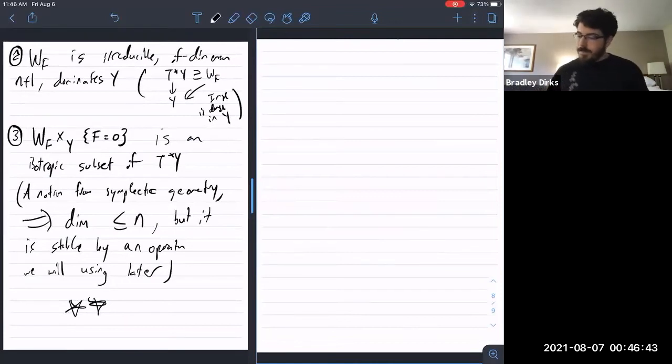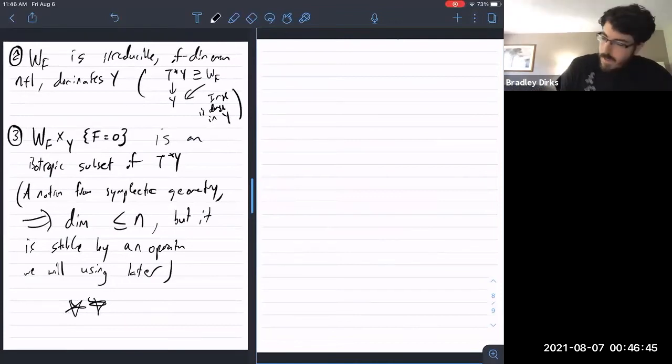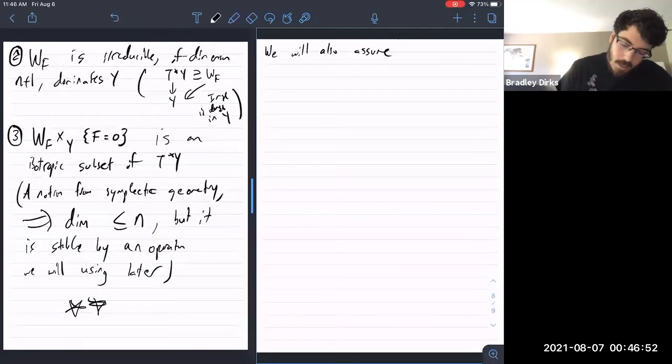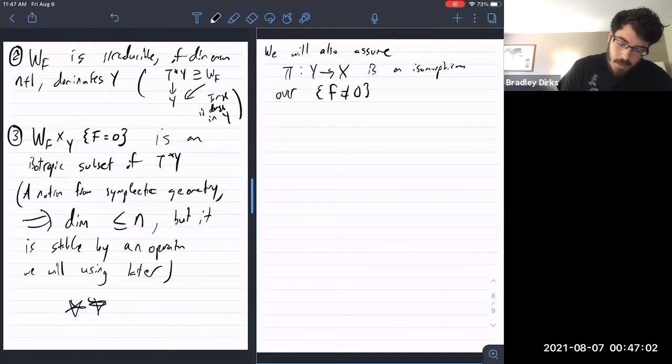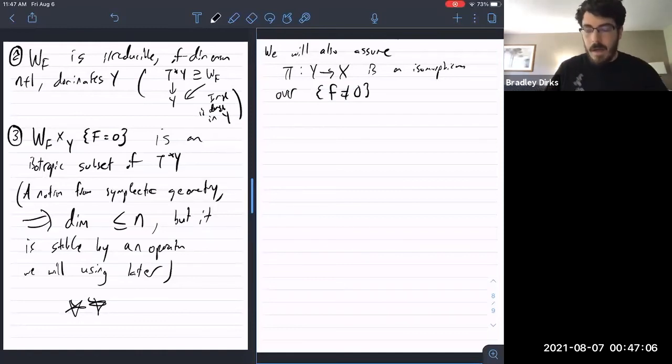Okay, so now we will make these assumptions. We will also assume pi, remember this is our resolution of singularities, is an isomorphism over this small open subset where f is non-zero. So this is called a strong resolution.